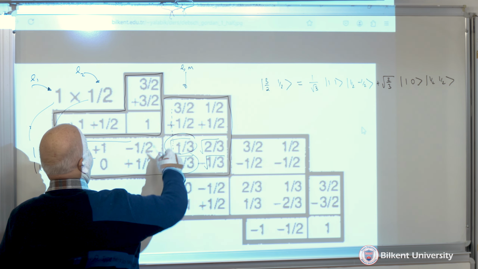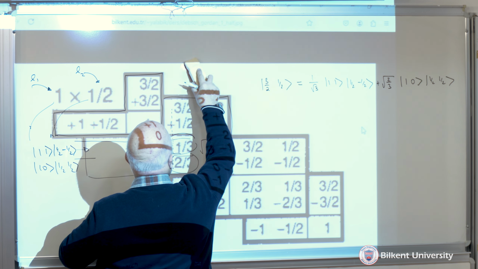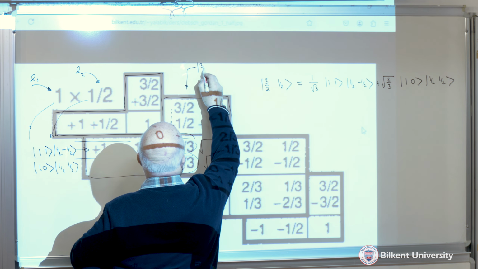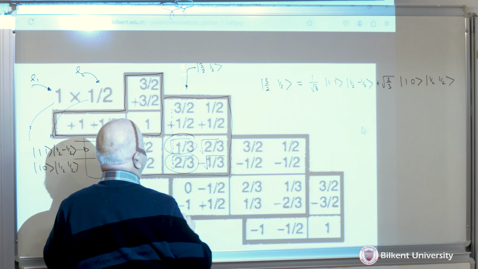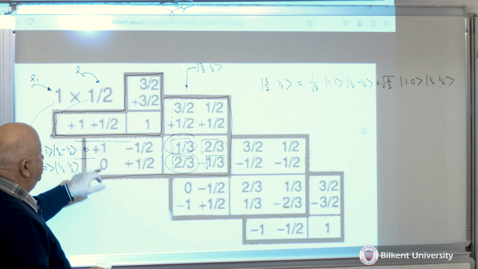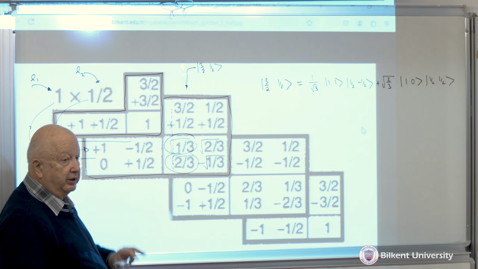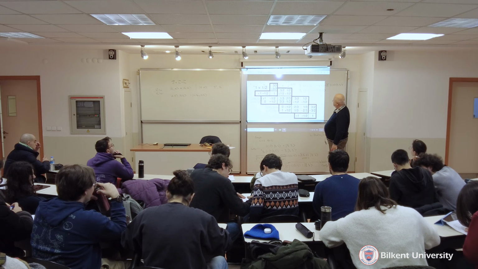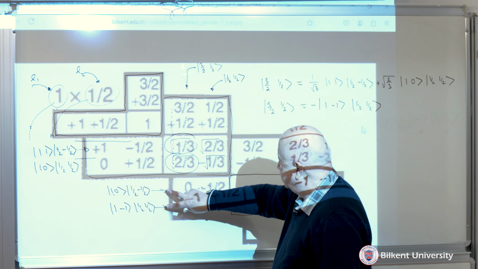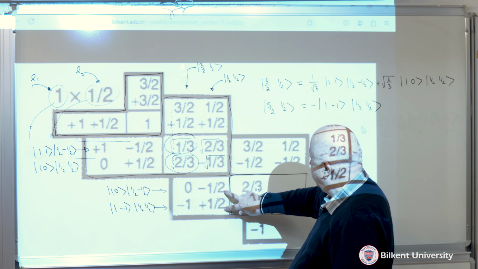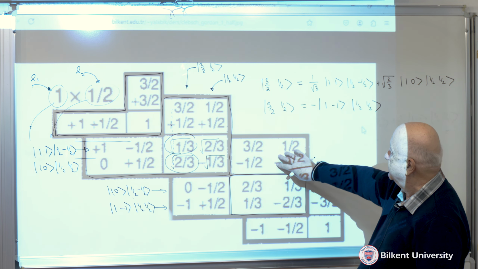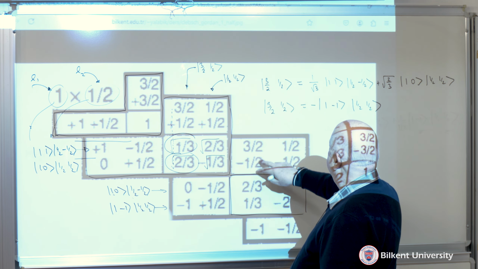So this column here corresponds to 3 over 2, 1 over 2, which is made up of these two pieces, 1 over square root of 3 and 2 over square root of 3. Now, if we are considering these two outer product states, I have to look at one of these total angular momentum states. So let's look at this one.